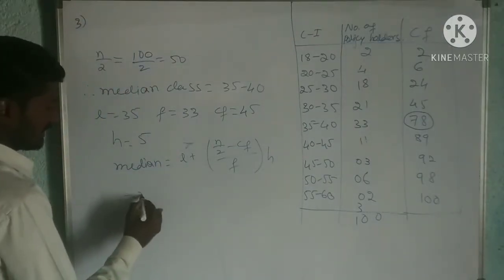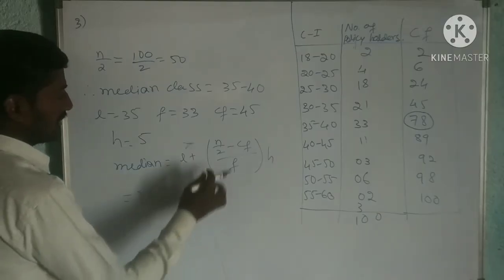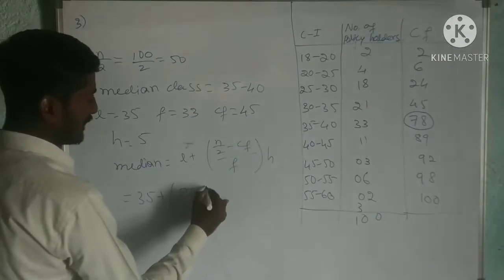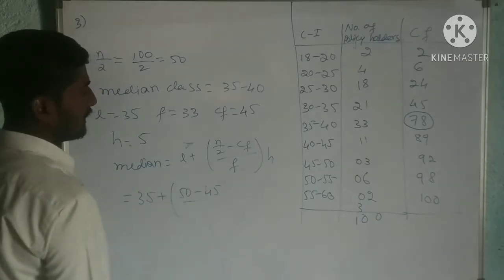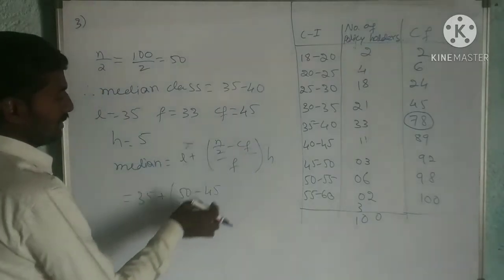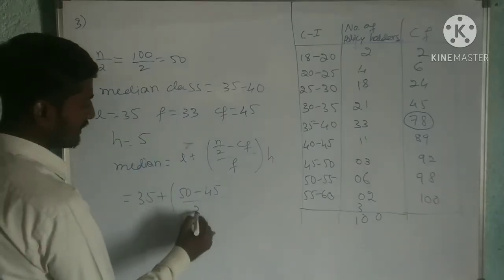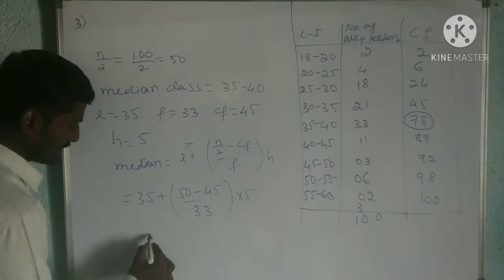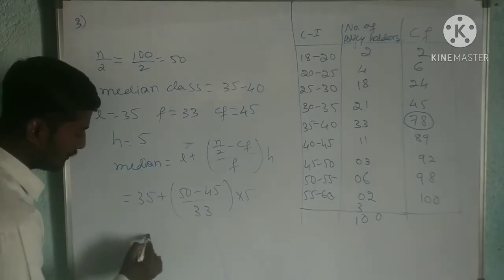That is 35 plus n by 2, 50, minus CF 45, divided by f, 33, into 5.